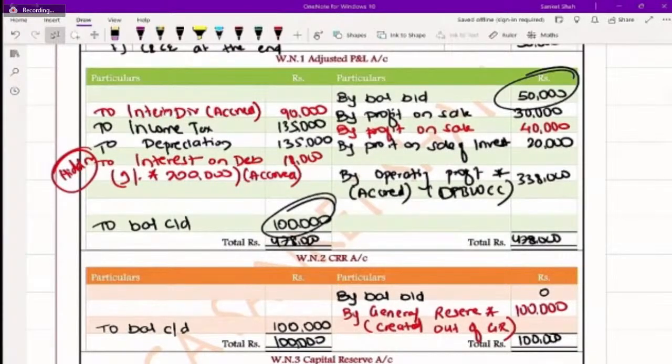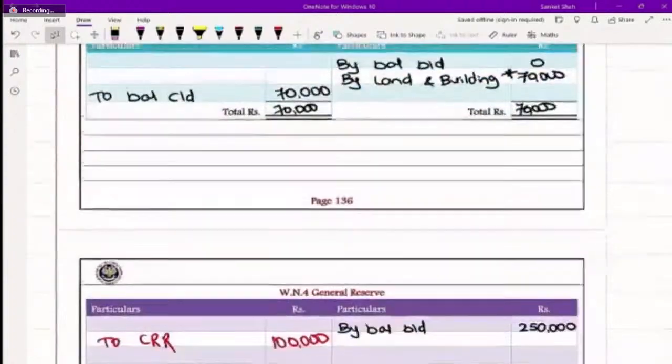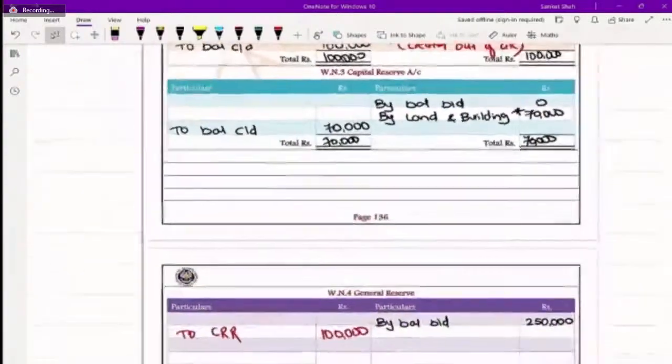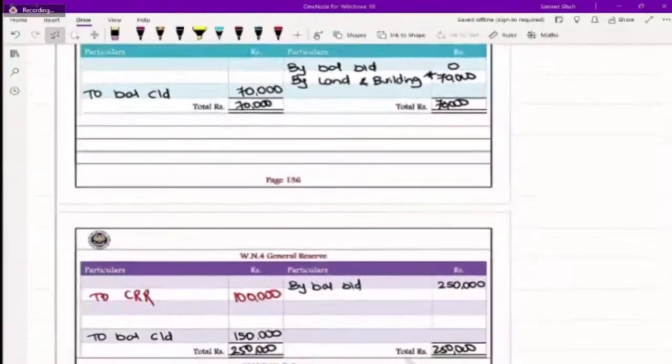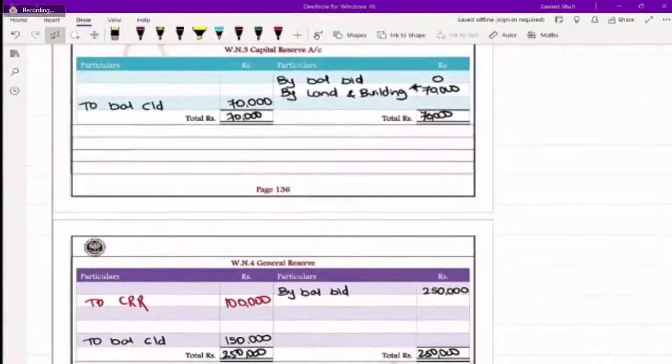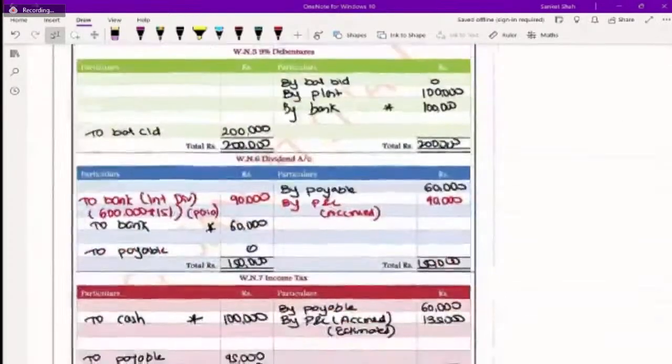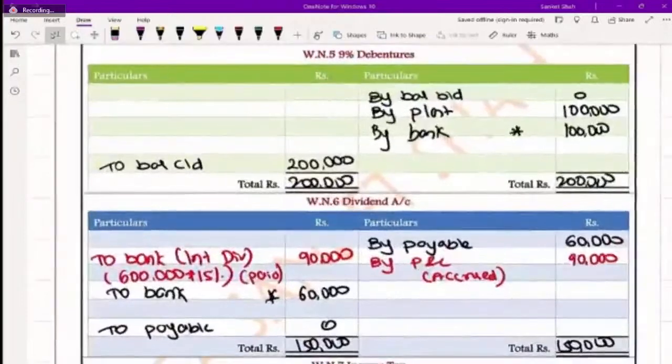If you go with my speed, you won't be able to write at all, because I can finish it within 20 minutes. If you know my original speed, capital reserve, take a screenshot. You won't be able to match my original speed at all, I assure you. I write so fast in the notebook, 20 minutes maximum target.